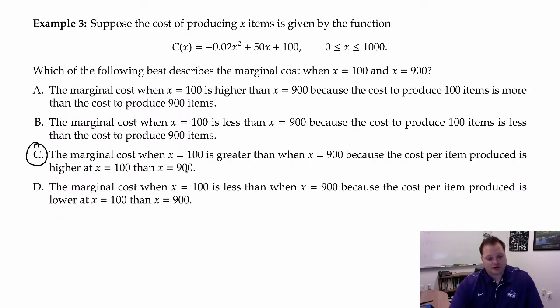At 900, you're dividing by more things, so your average cost is less per item. So your marginal cost is also less because it's less per each additional item that you're producing. So the two things, marginal cost and average cost, are often related, but they don't have to be.